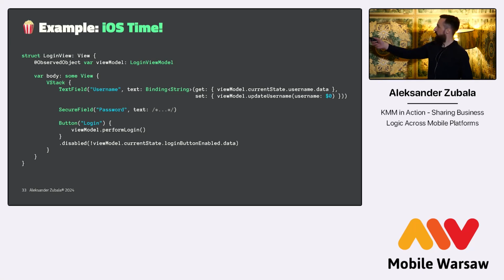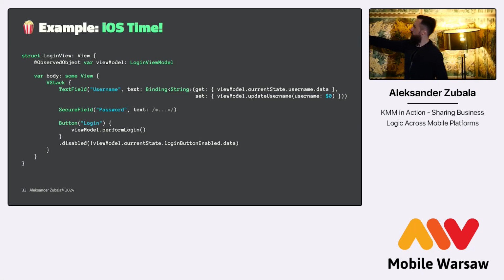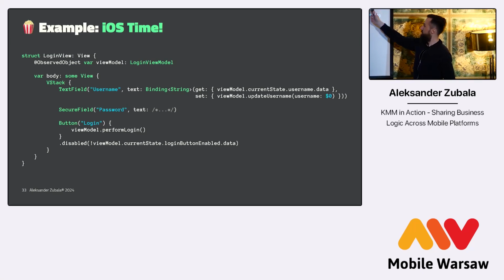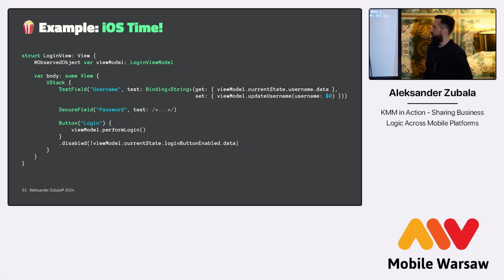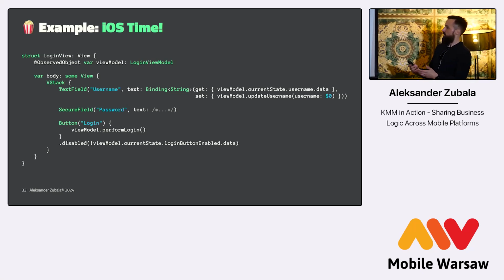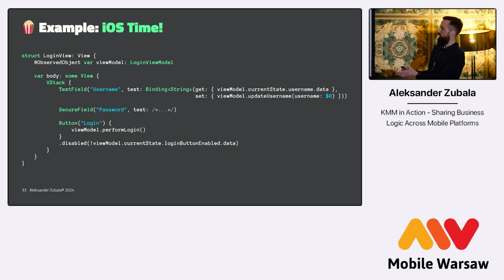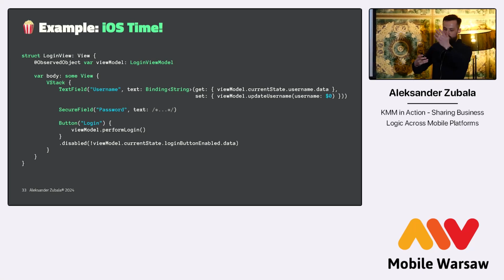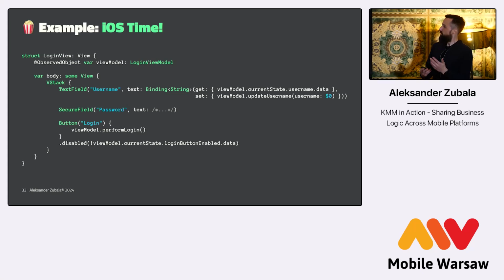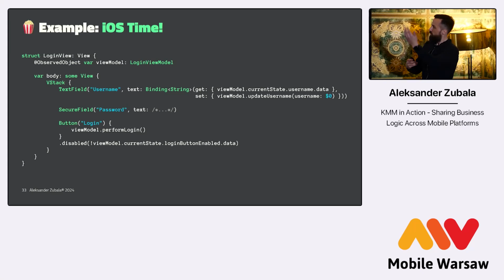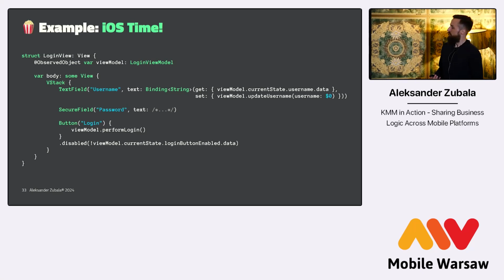And here we can see how, for example, we can have a binding for grabbing the current username from the view model and sending the intent whenever something changes in the text field to notify our view model, and then it will propagate the change through this intent, the reducer will update the current state username, and then will inform back the clients.